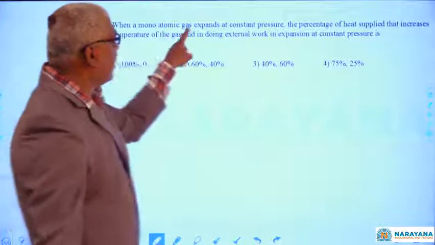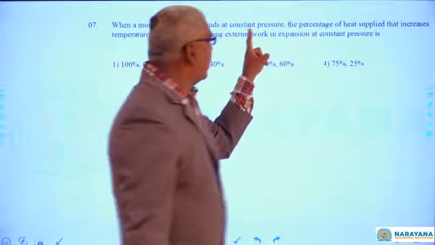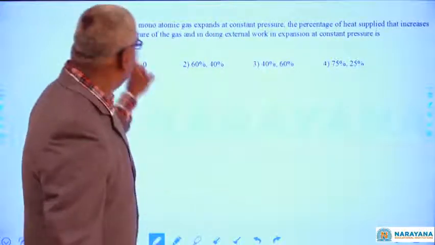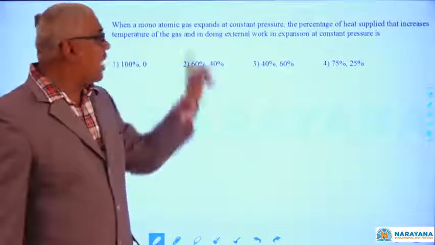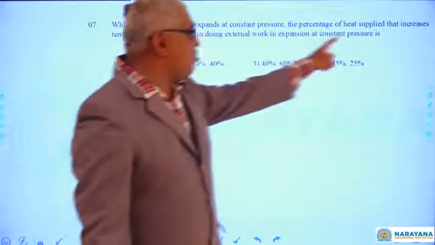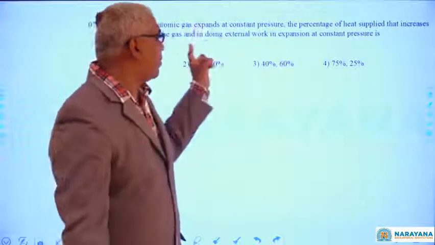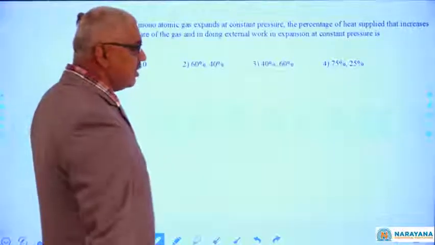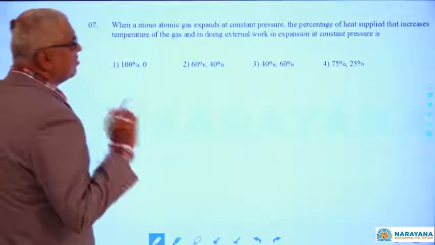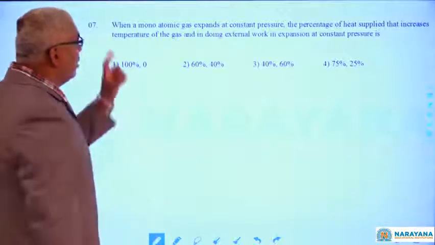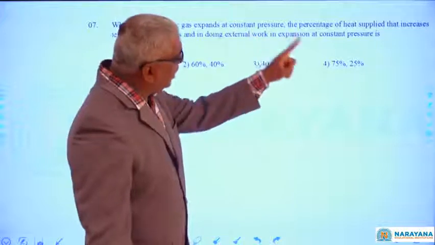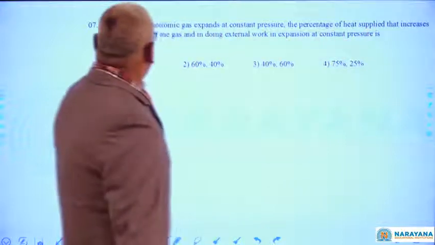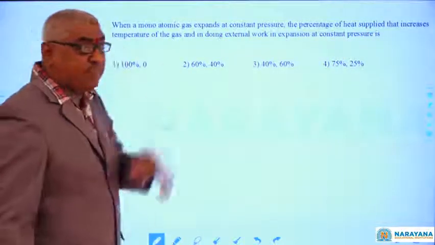When a monoatomic gas expands at constant pressure, the percentage of heat supplied that increases the temperature of the gas, and in doing external work in expansion at constant pressure, is the question given for us. Is it clear?